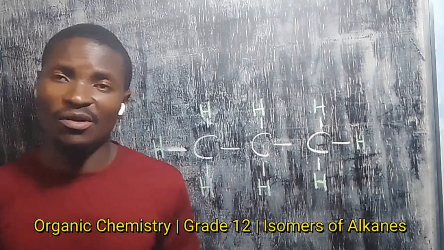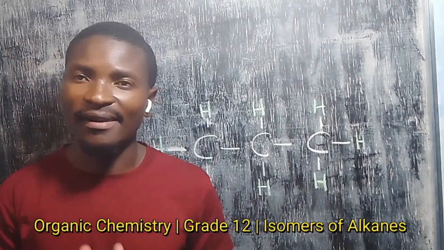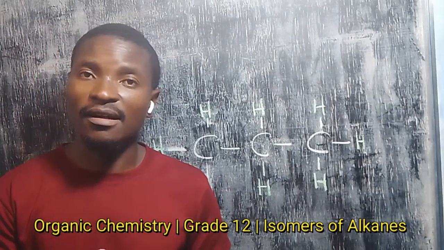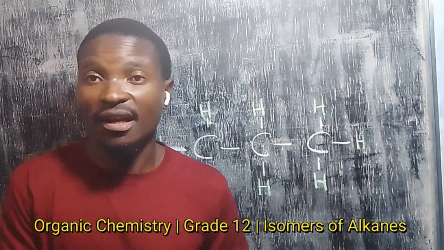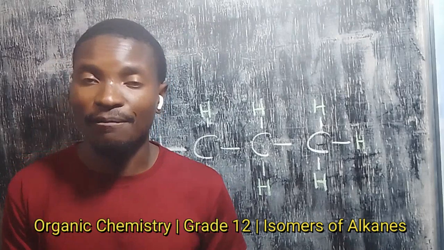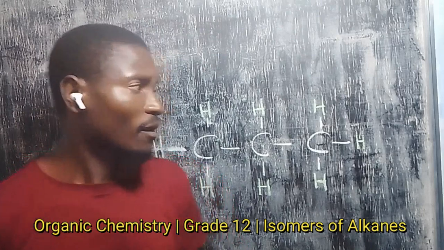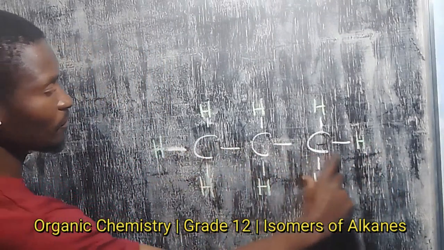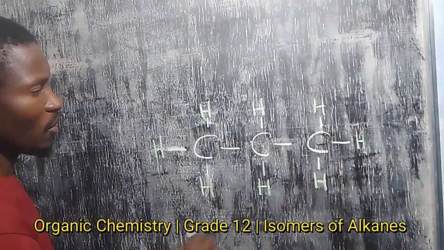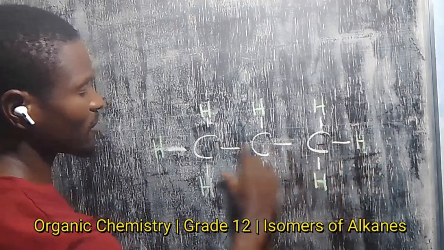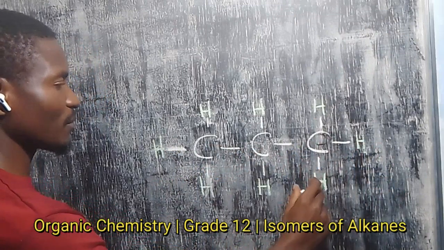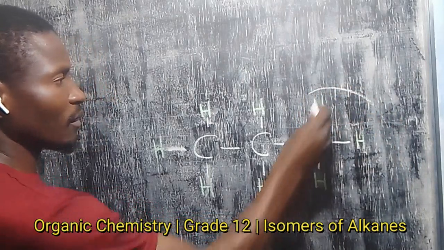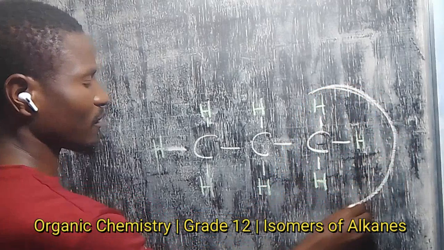So now, what you need to understand is that there are certain procedures, like I've said, the nomenclature system. What you will see is a propane. Instead of writing just the normal propane, I'm going to isolate this part.